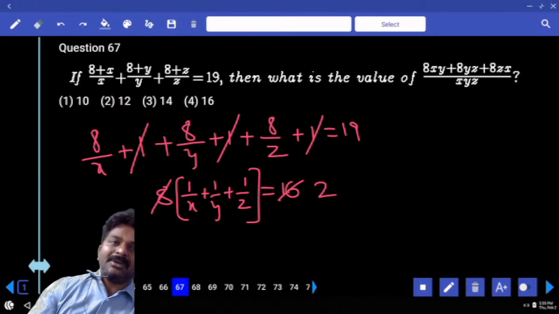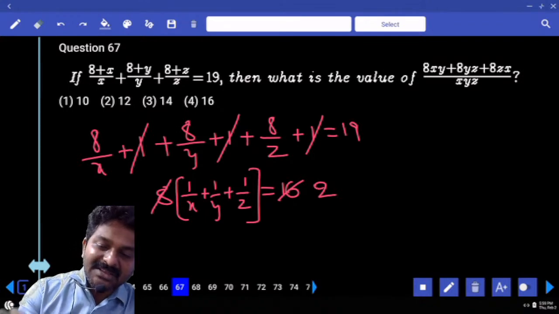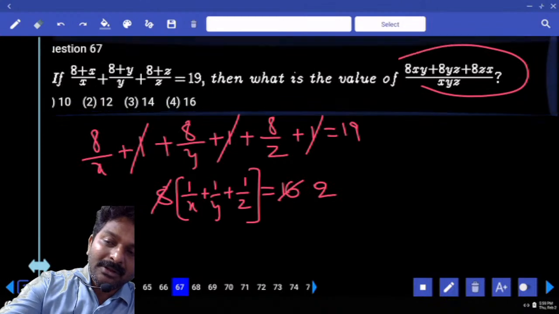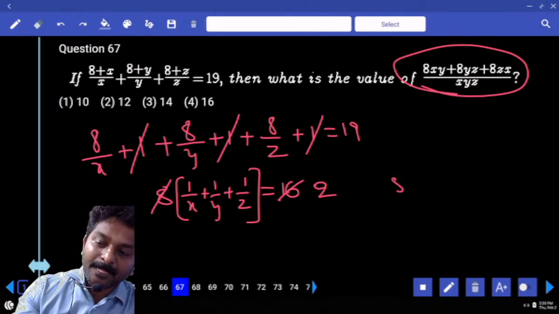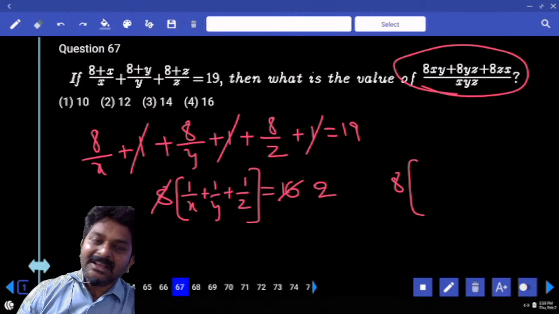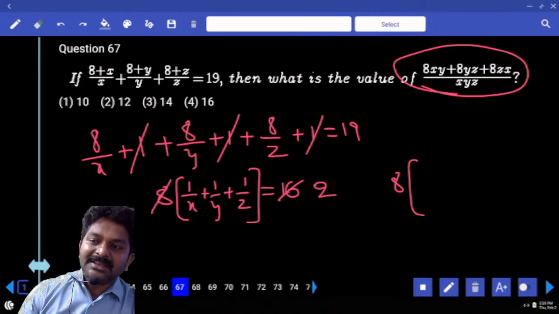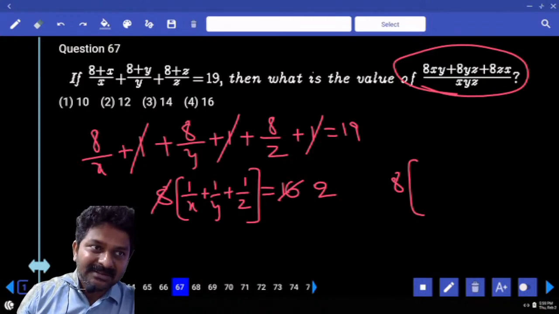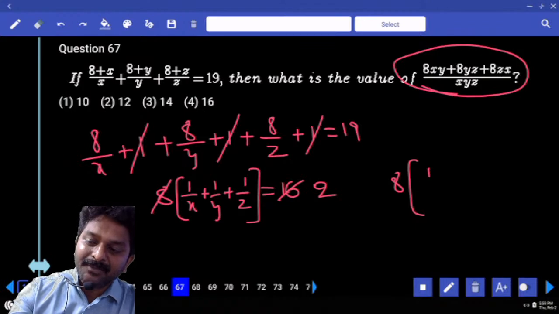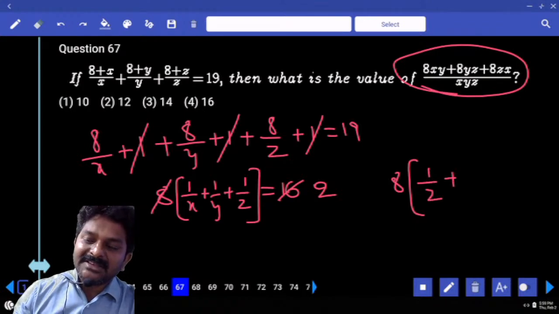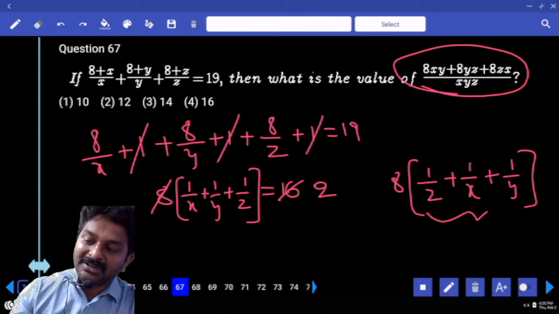So we already know 1 by x plus 1 by y plus 1 by z value is 2. Now you can take 8 common here first of all. Then in the numerator what is there? xy plus yz plus zx. And in the denominator we have xyz. If you expand it, xy by xyz is 1 by z, yz by xyz is 1 by x, xz by xyz is 1 by y. Already we know this value is 2. So answer 8 into 2, 16.